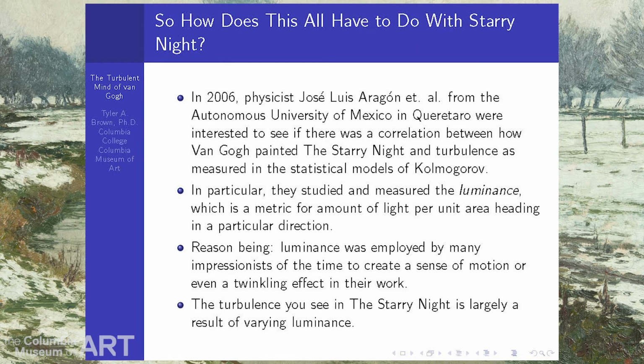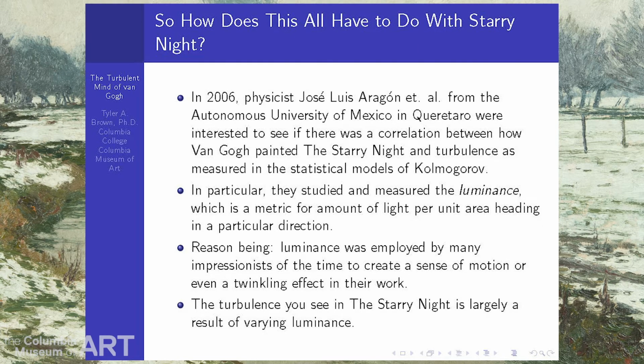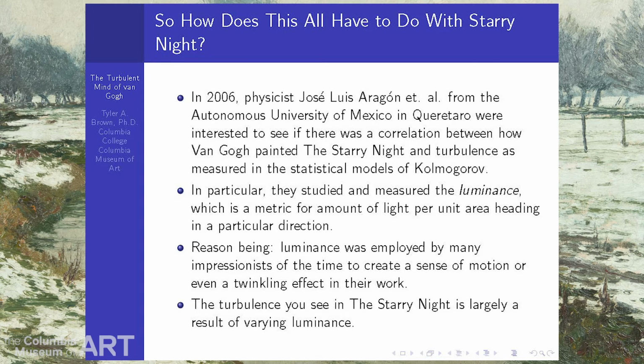The reason for this is luminance was employed by many impressionists of the time to create a sense of motion or even a twinkling effect. The reason you see the spiral in Starry Night is because of the variation in luminance. So they figured, hey, this should match the velocity flow of the statistical models of Kolmogorov and Richardson.